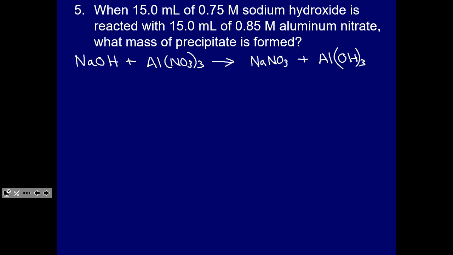To balance it, I'm going to need 3 of these and 3 of these. Which one is the precipitate? Which one is the solid that's formed in that reaction? So notice, now you need your chart on solubilities to determine which of those two things will be the solid.